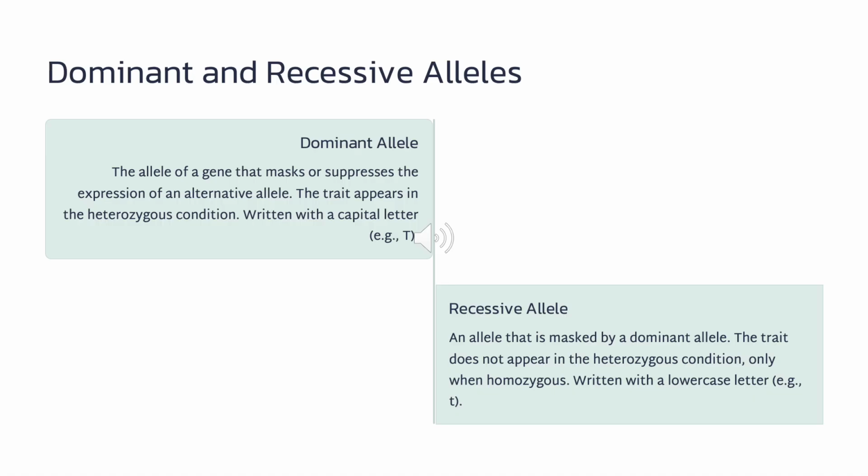The trait does not appear in the heterozygous condition. It is being masked, and it only appears in the state of homozygous recessive. So a recessive allele is written with a lowercase letter. I put here the example of lowercase letter t.